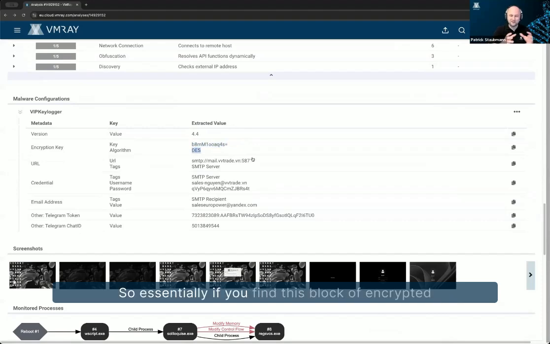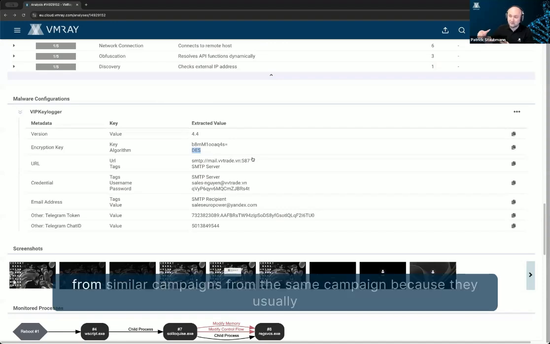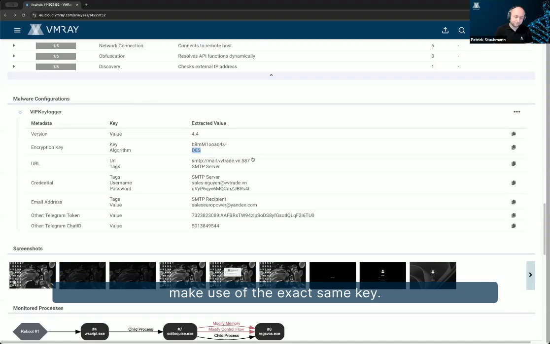So essentially, if you find this blob of encrypted data inside the binary, those are the key and the encryption algorithm that you need to decrypt it. Why is it here? Well, we still believe that when tracking VIPKeylogger samples or other samples, it's very useful to have the key, because then you can select or find samples from similar campaigns or from the same campaign, because they usually make use of the exact same key.